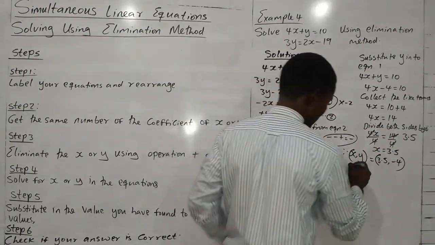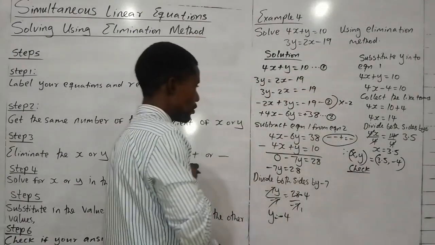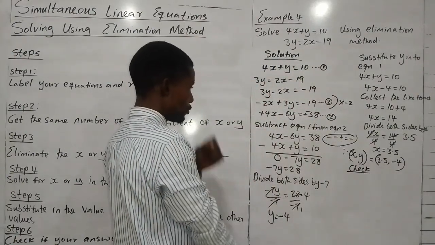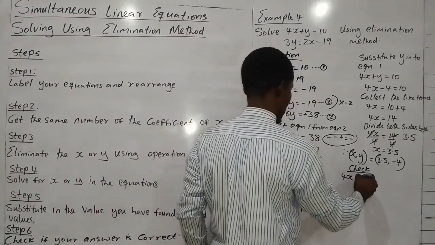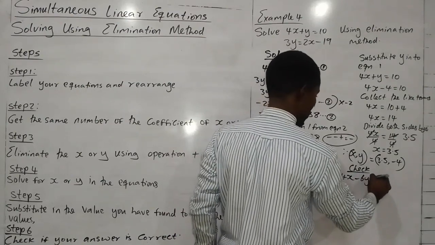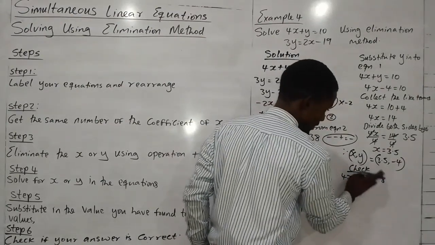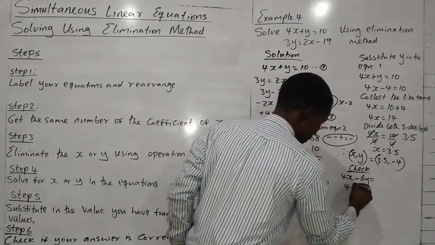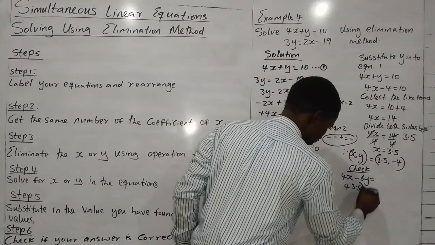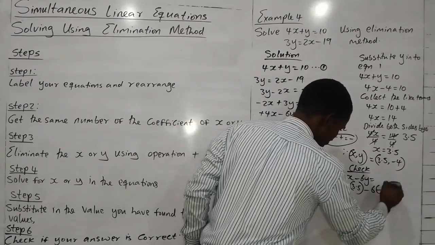Now let's check if our answer is correct. Let's use equation 2, which is 4x minus 6y equals 38. Now we know that it is 38, but I'm going to erase the 38. So I'll have 4 times 3.5, close the bracket, minus 6 times minus 4.